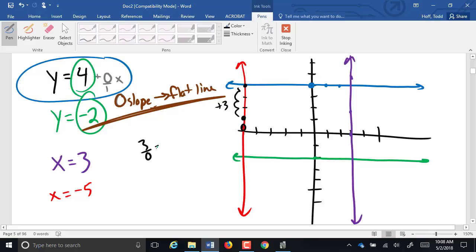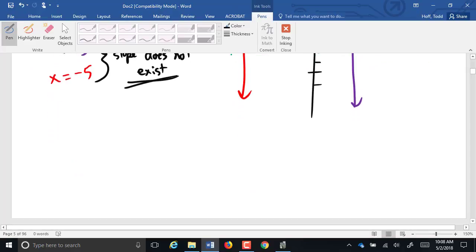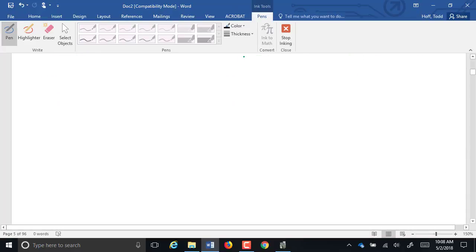If you punch that in your calculator, it's going to say error. Slope does not exist. I'm going to give you a little way of remembering that.